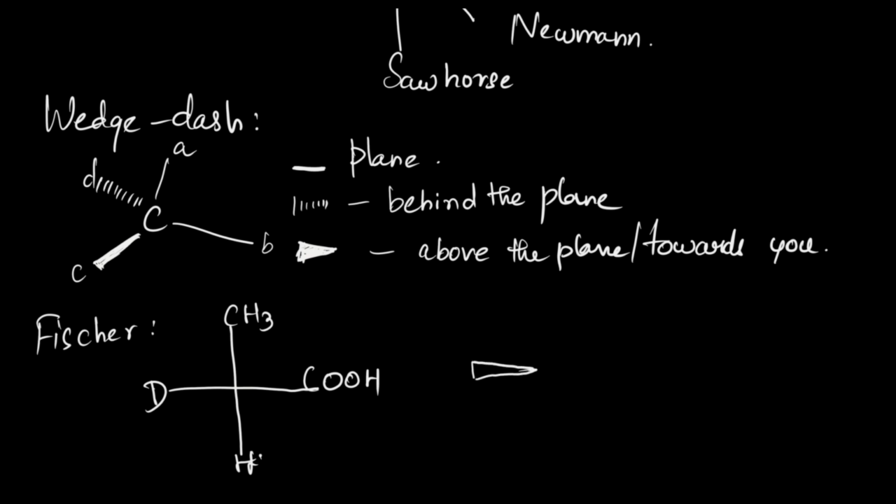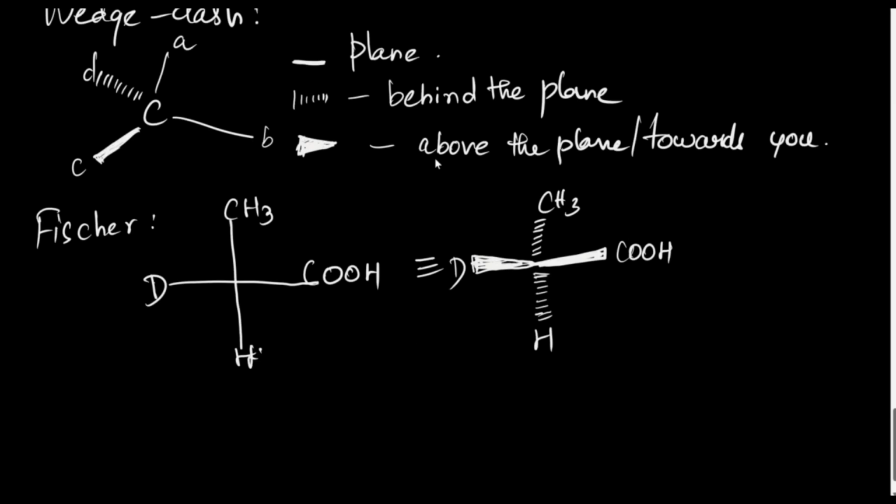The horizontal ones are above the plane and the vertical ones are below the plane, which is equal to this, COOH and H. Okay, that is Fisher projection.